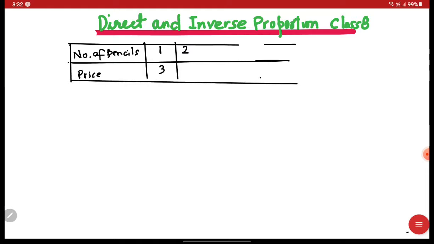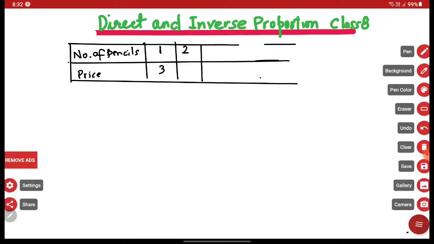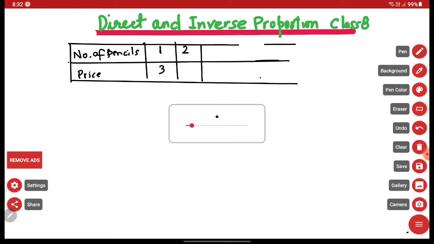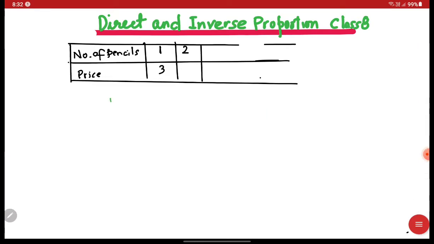Let's say, for the time being, we represent the number of pencils by x, and the price by y. Just for instance, you are representing the number of pencils by x and the price by y.